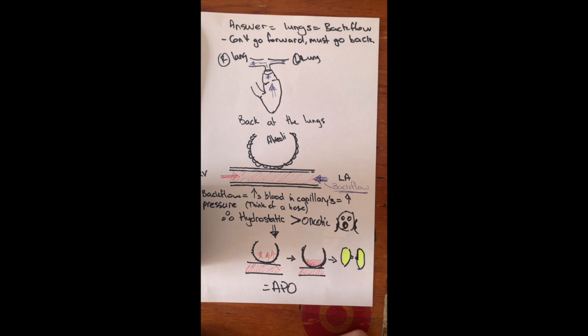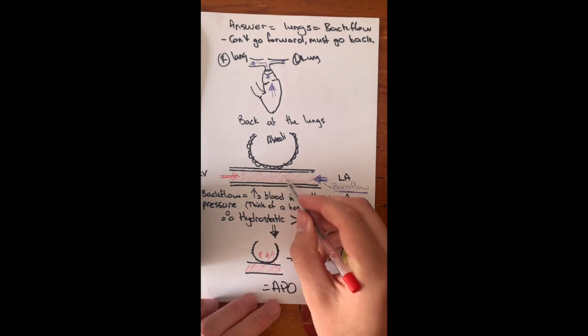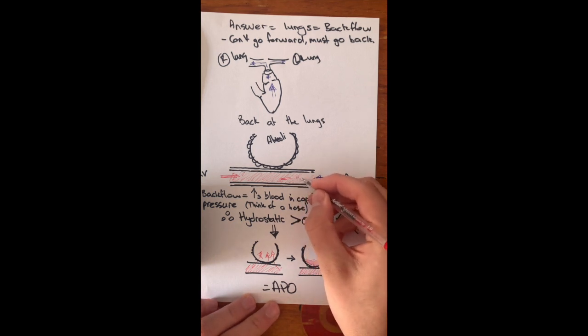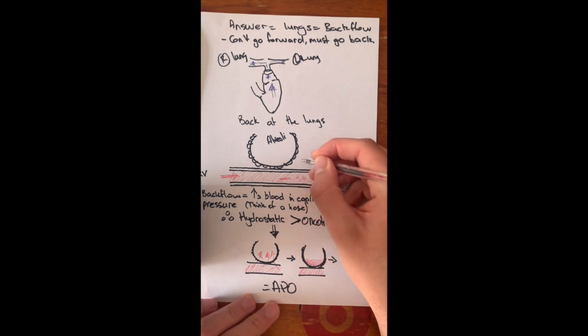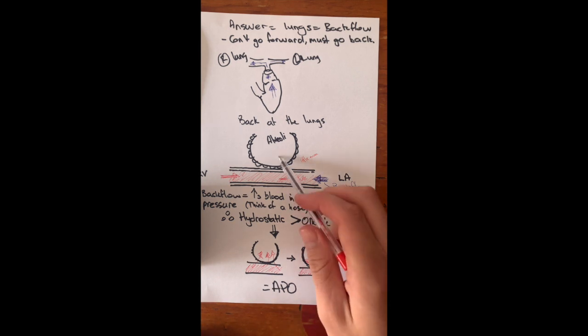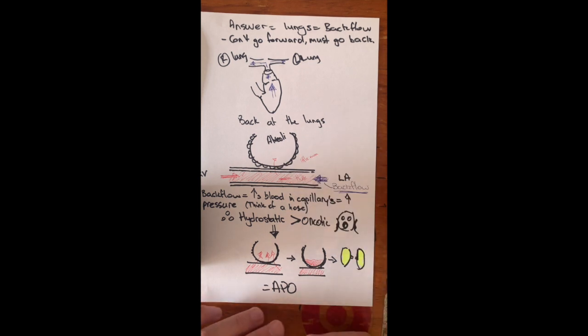Who do you think's going to win? Well, the Hulk's going to win, and the Hulk in this scenario is this side of the bloodstream. That's the Hulk, and this is the little man. The door's going to open, isn't it? The Hulk's going to smash that doorway open, and blood's going to go in, isn't it?